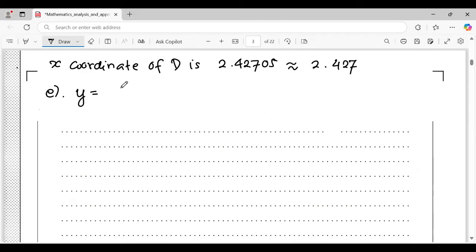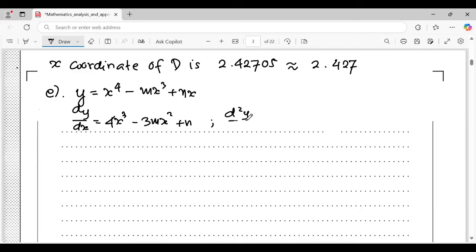The function is y equals x power 4 minus mx cubed plus nx. The first derivative is 4x cubed minus 3mx squared plus n. And the second derivative is 12x squared minus 6mx.